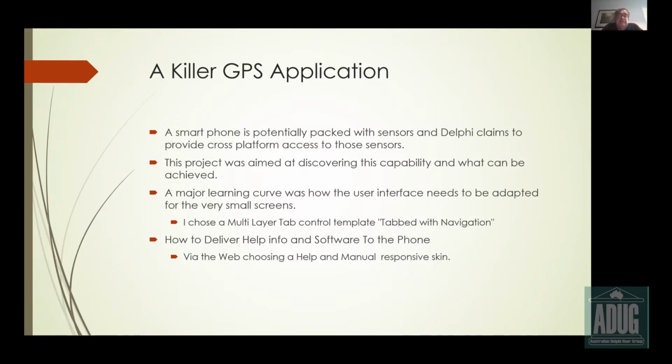So the first major learning curve was how the user interface needs to be adapted for very small screens, because my original phone had a very small screen. And so the first decision was to choose a multi-layer tab control template.